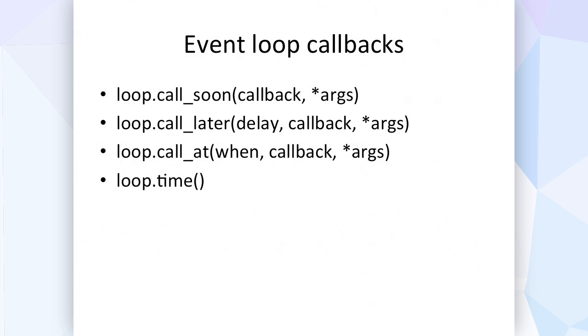That doesn't really matter. You could also get away without call_soon because you can just specify a zero delay, but it's very common to have to schedule something to happen at the next tick. So this is not actually minimal, but it's still pretty small and clean.